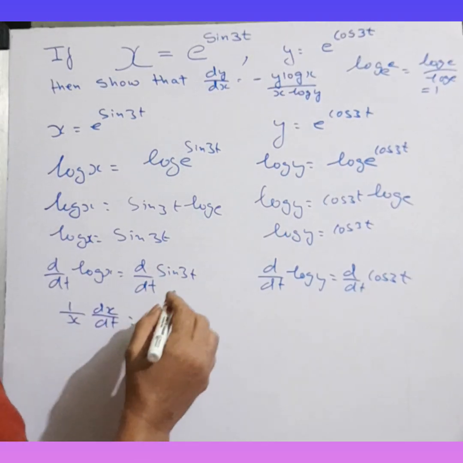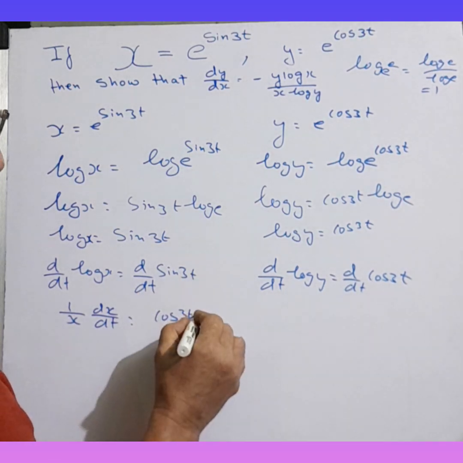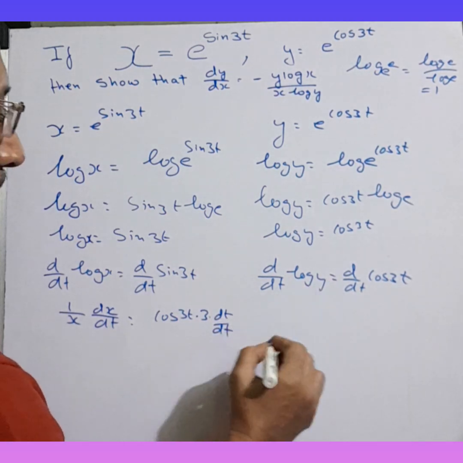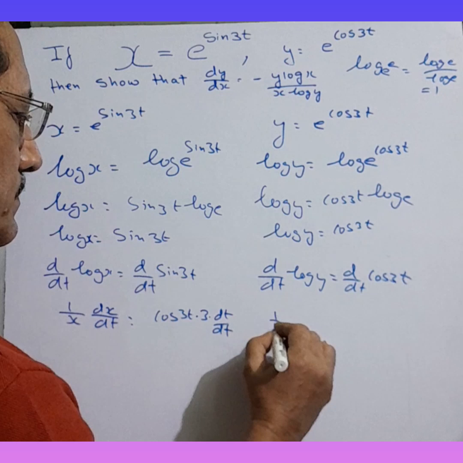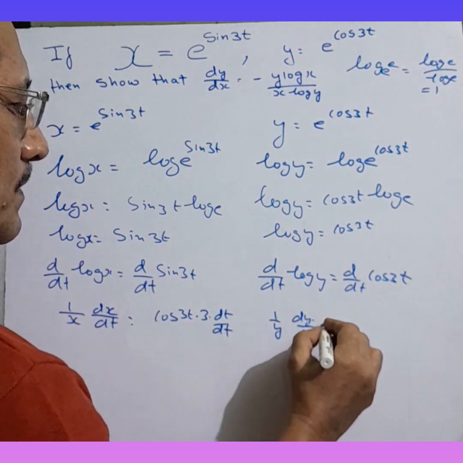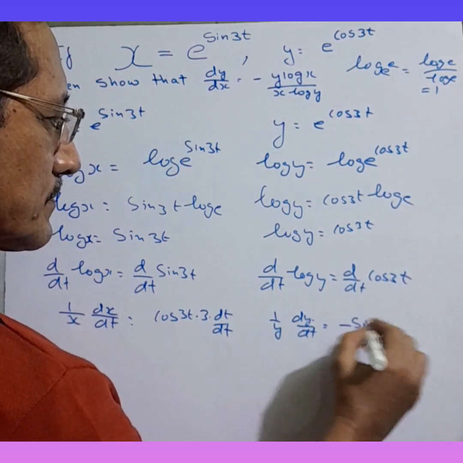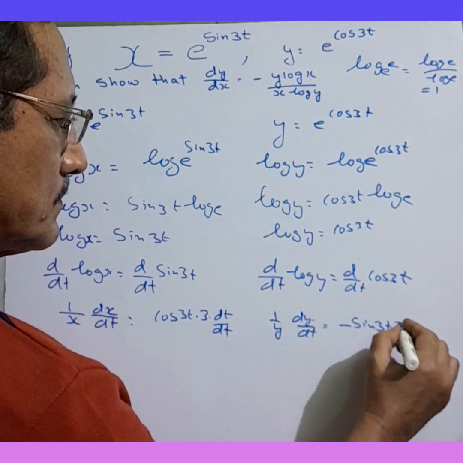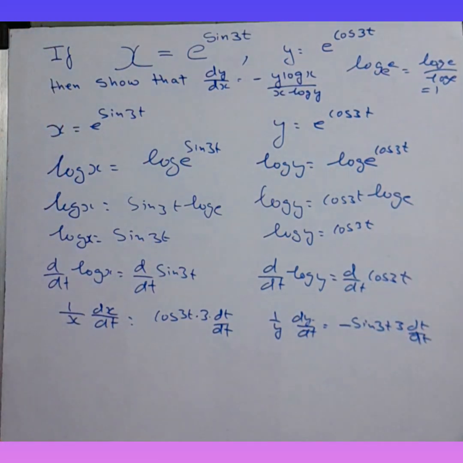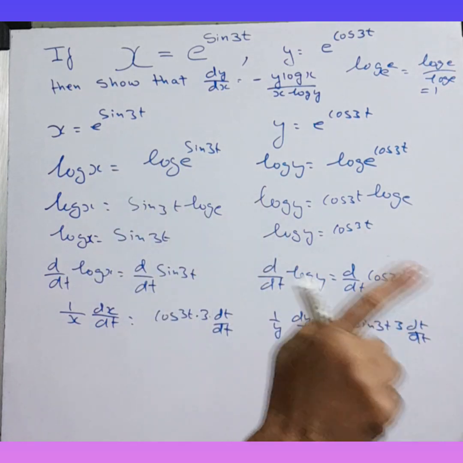Now this would be cos, then differentiating 3t, it would be 3, whereas here it would be again the same thing, 1 over y. Is equal to minus sin, because you know all the c's, cos, cot, cosec, give you minus.